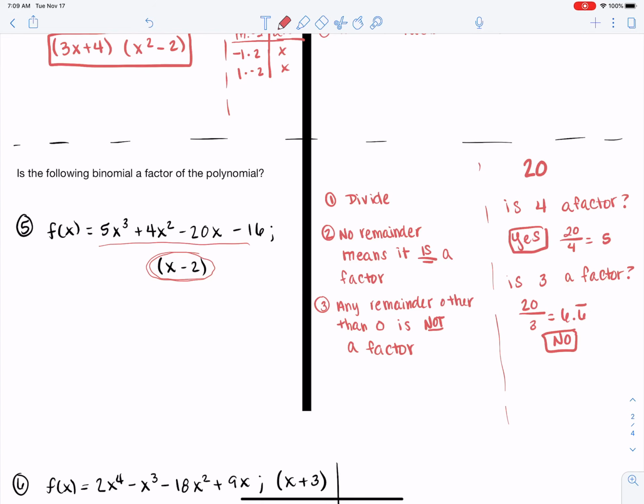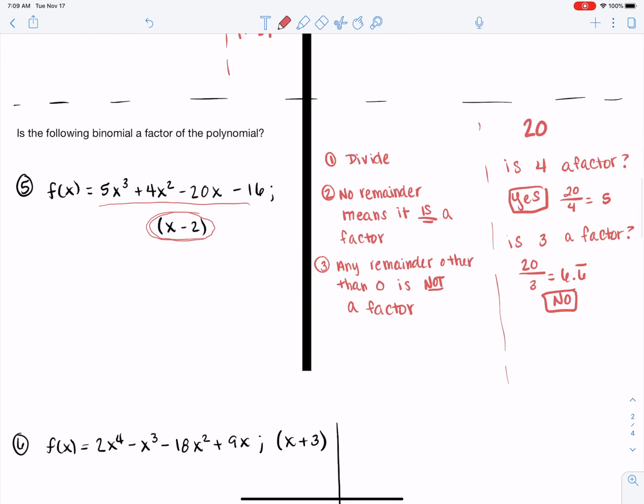So we're just dividing. All right, so let's take x minus 2. We can use synthetic division. So x minus 2 equals 0. Add 2. So x equals 2. So we're going to use 2. And then we have 5, 4, negative 20, and negative 16.